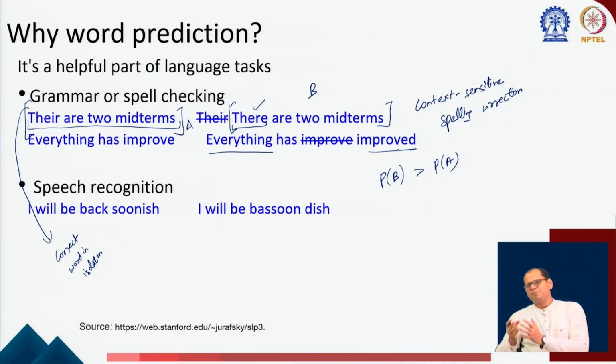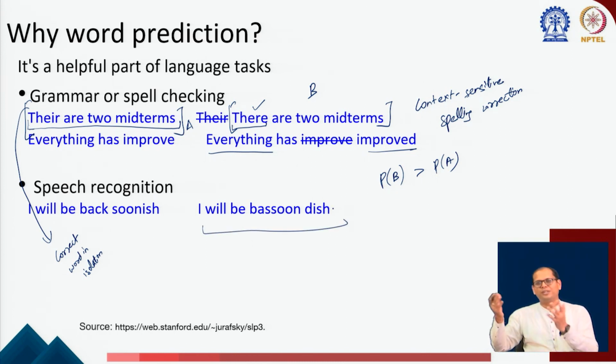Another task is speech recognition, where you are hearing an audio and you have to transcribe it to text. What is the corresponding sentence that is spoken? Given a text, it may be I'll be back soonish, right? But the way the person is speaking, you may also hear something like I will be soonish, right? The second one does not make sense, and we will never think about this possibility.